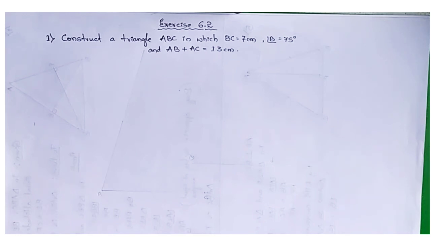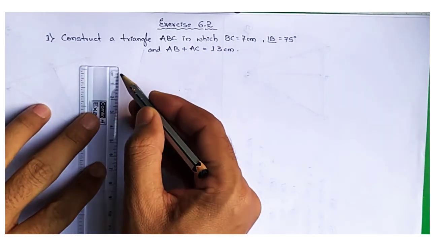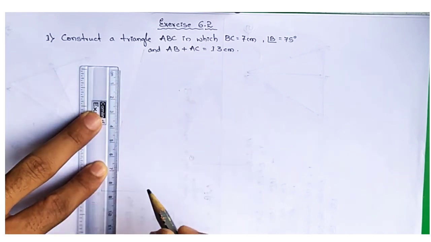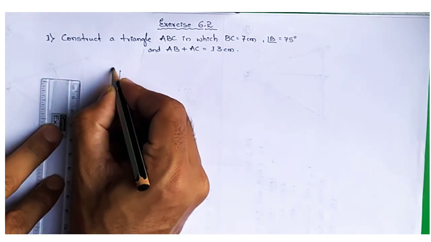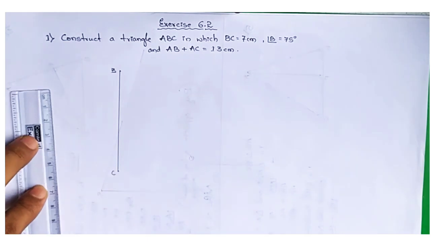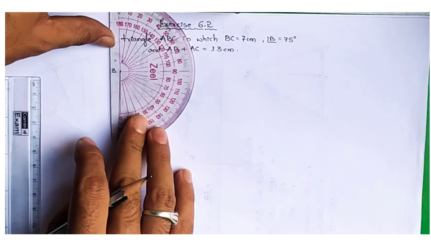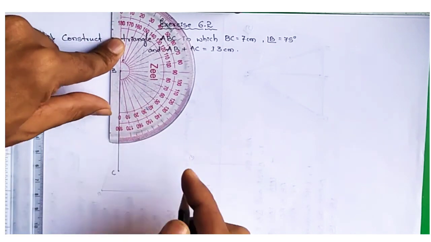Here, due to the space problem, I am doing it horizontally; you do it vertically in your textbook also. First I will take BC as 7 centimeters. So I will take here B, C. From B it is 75 degrees.